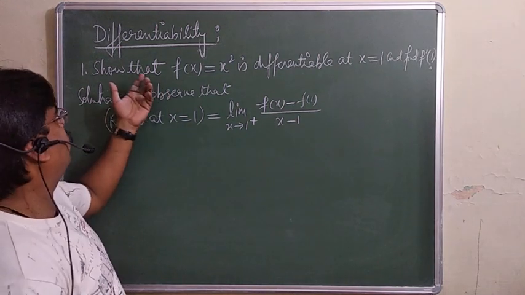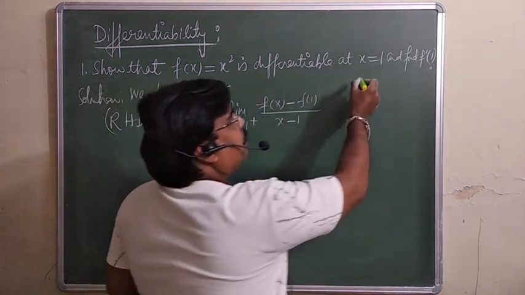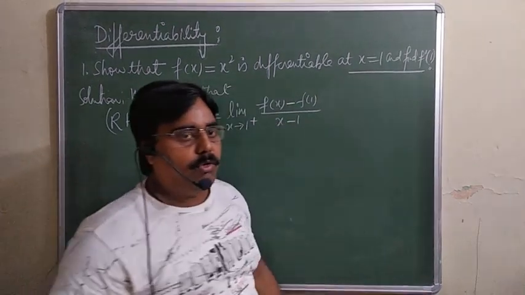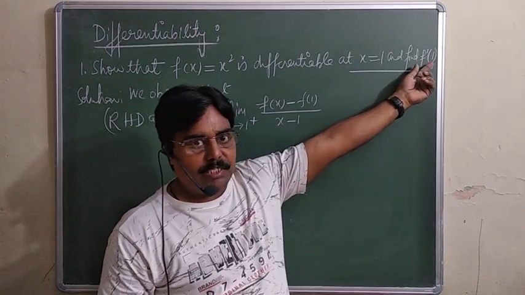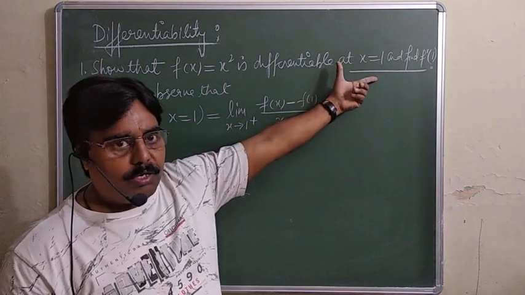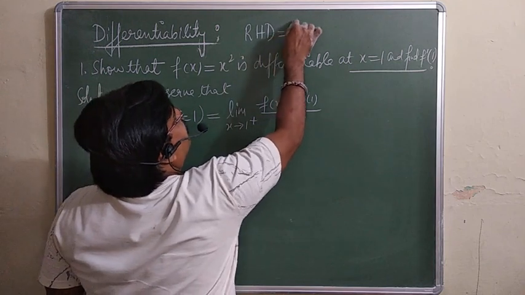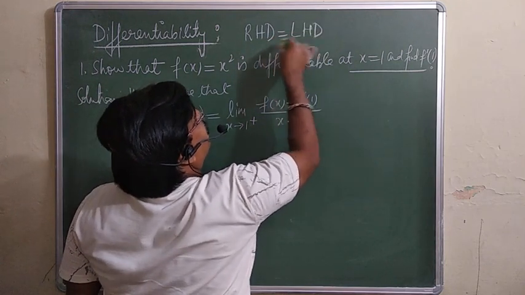Now the question: fx equals x square is differentiable at x equals 1, and you are supposed to find the value of f dash 1. Since it is differentiable at x equals 1, the right hand derivative and left hand derivative must be equal at this point.